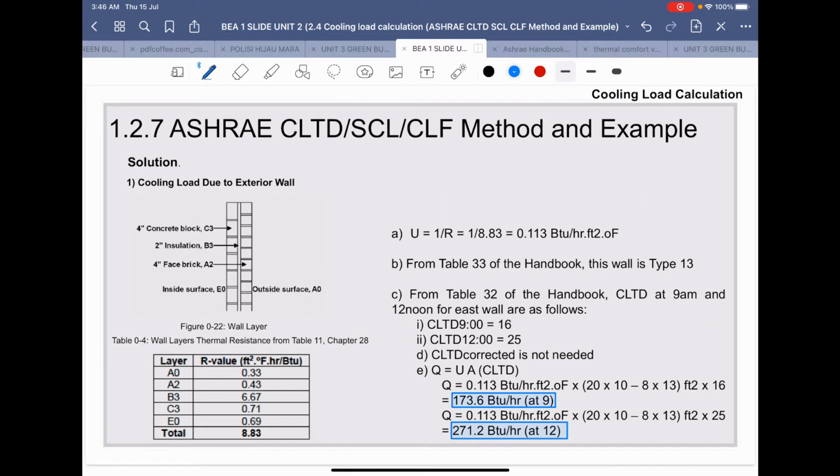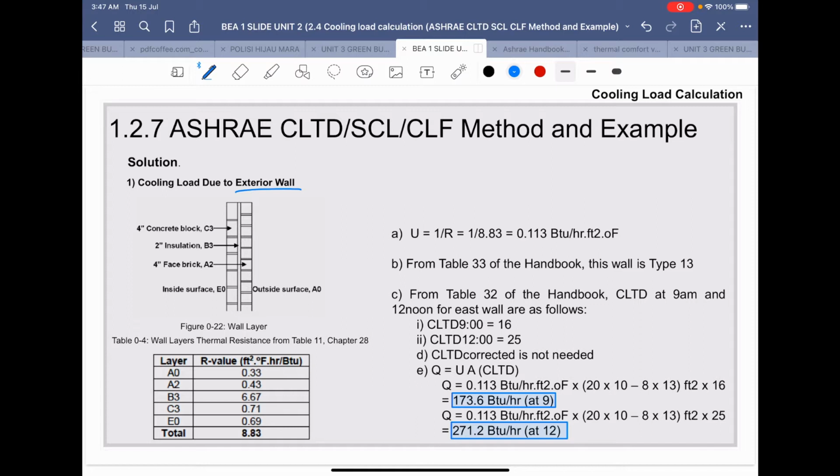Okay, first of all, we start with the cooling load due to the exterior wall. So how do we calculate the cooling load due to the exterior wall? Remember, we calculate only the wall facing the outside surface, meaning that for this classroom, only the east surface wall faces the outdoor condition, that is the outdoor temperature.